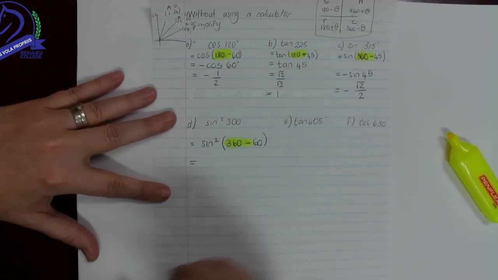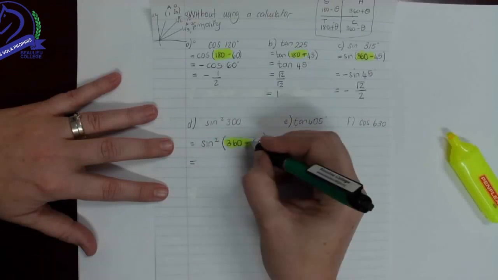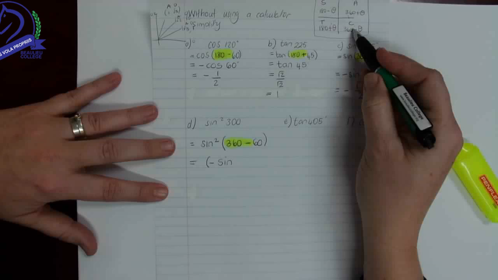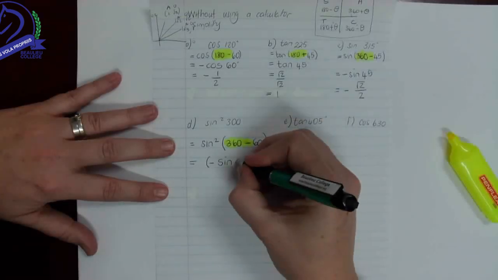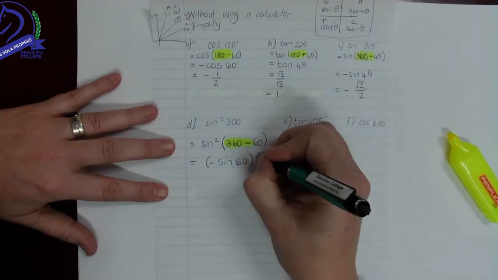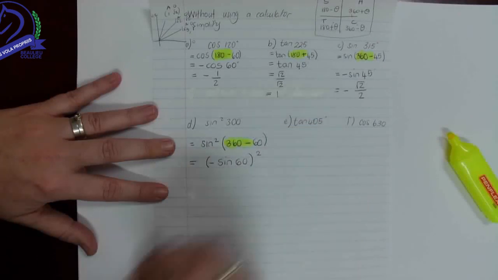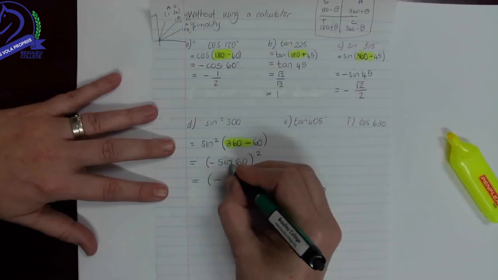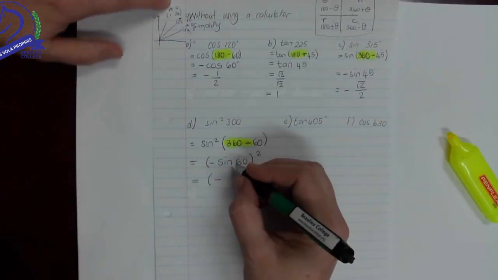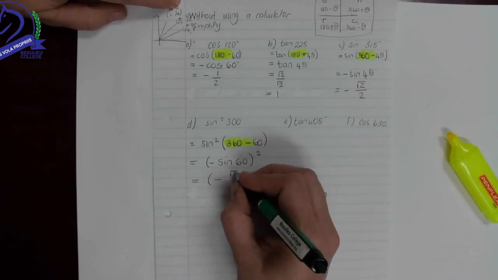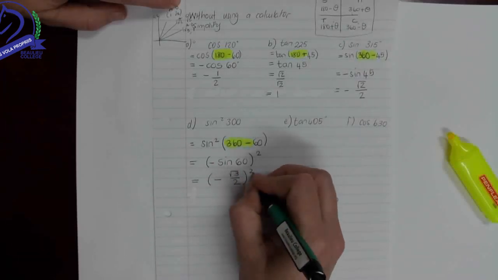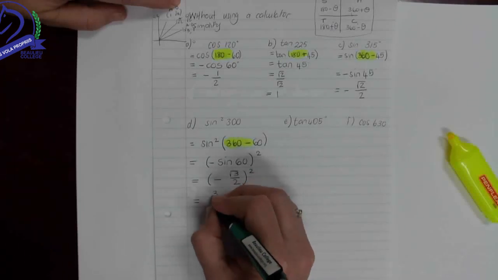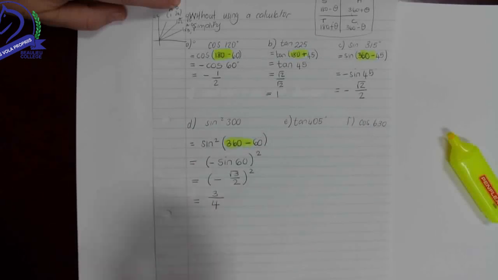This is saying I'm going to have a negative sign in my fourth quadrant, and I'm using the acute angle, but there must be two of them. So I have minus, sine is O over H, and it's 60. I have square root 3 over 2, that must be squared. A minus and a minus is a plus, square root 3 times square root 3 is 3 over 4.